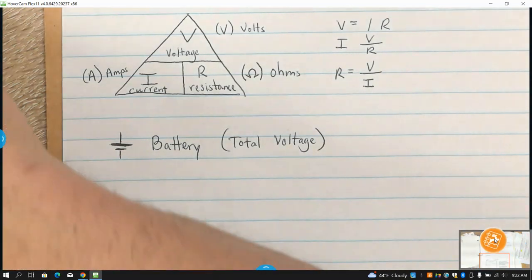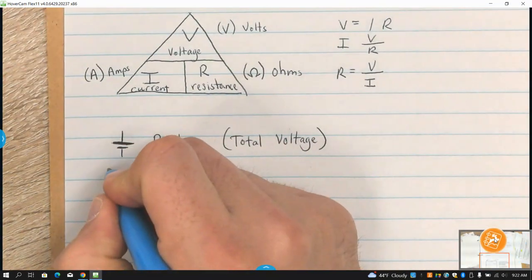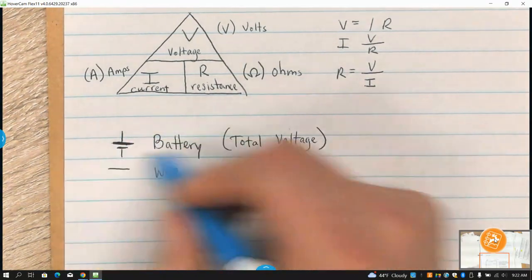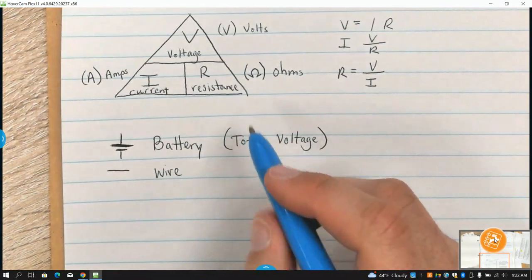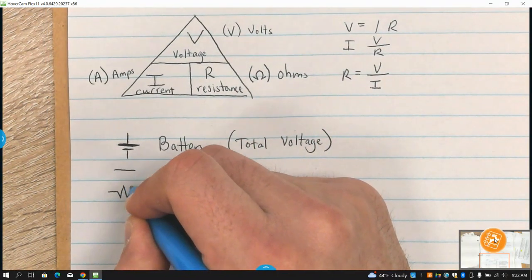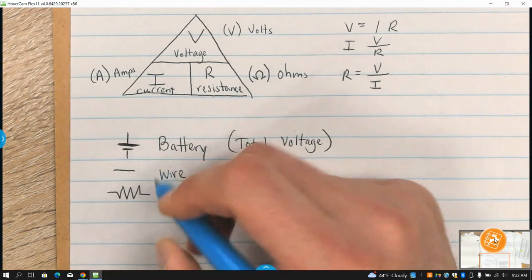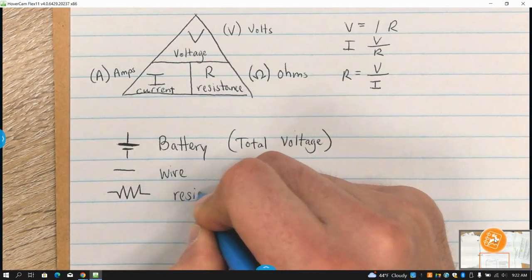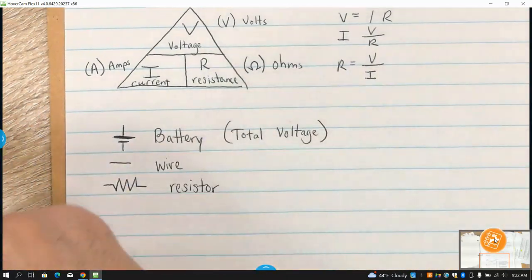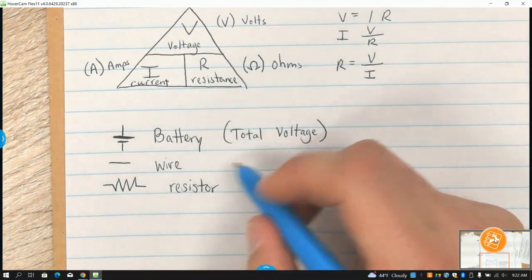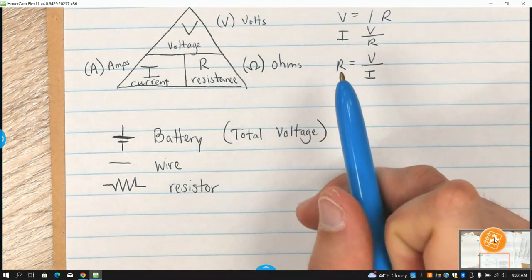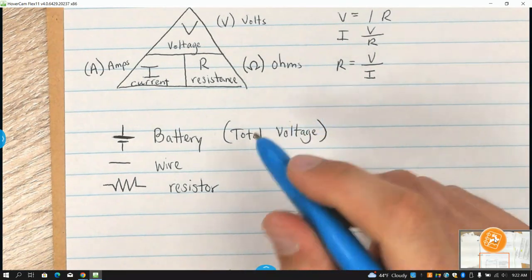One of the other things is pretty much just our wire, the conductive path, how the electrons are going to move through. This symbol here is a resistor. These should have a number above or below it, and the Greek symbol omega.